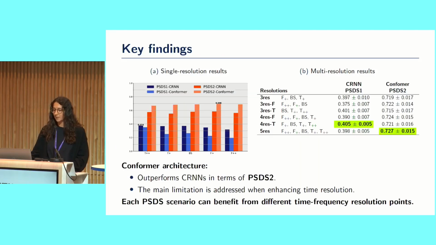As key findings, we saw that the conformer architecture in terms of PSDS2 outperformed convolutional recurrent neural networks, but also that the main limitation of the conformer system, the lack of temporal precision, can be solved by enhancing the resolution in time.